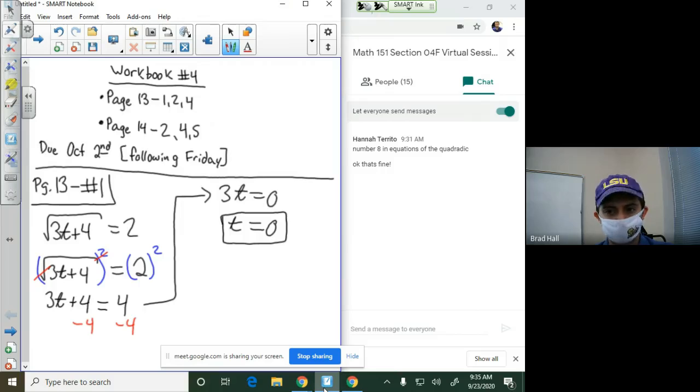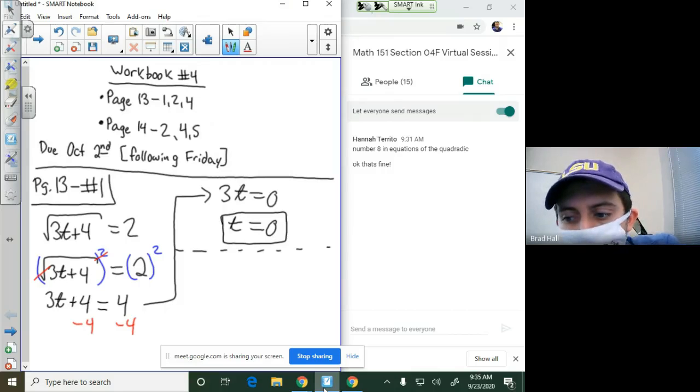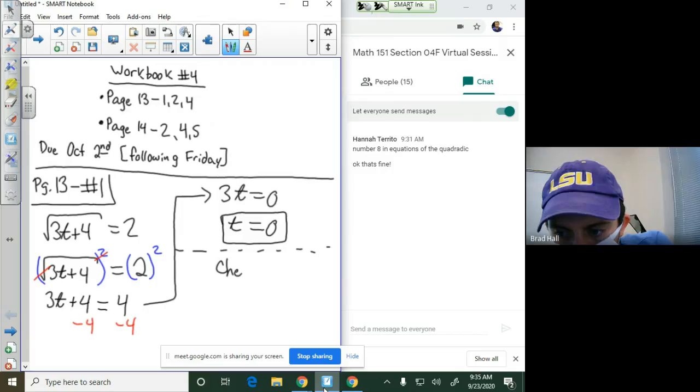We do need to check our answer, because whenever we have an even root in the beginning of the problem, we sometimes have extra solutions. Turns out this one's going to be fine, but just for consistency's sake, check the answer means plug in that solution we found.